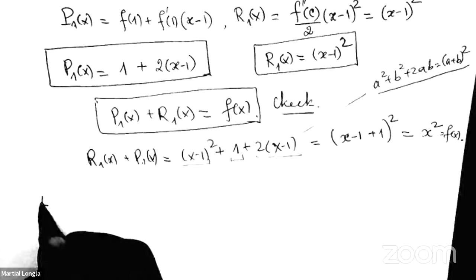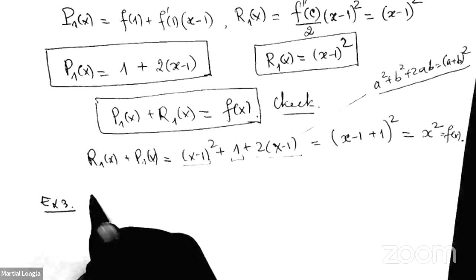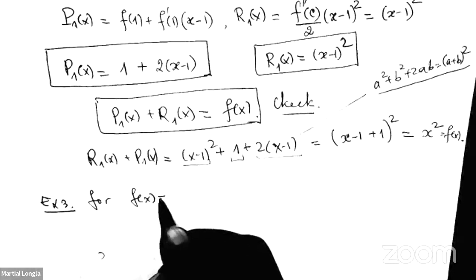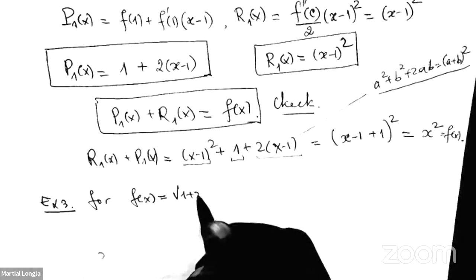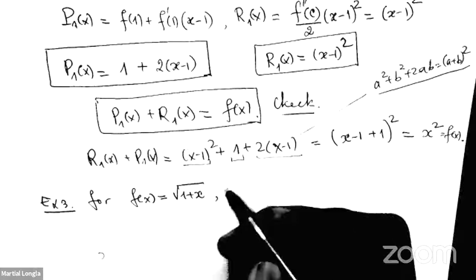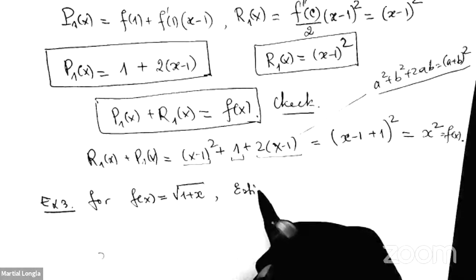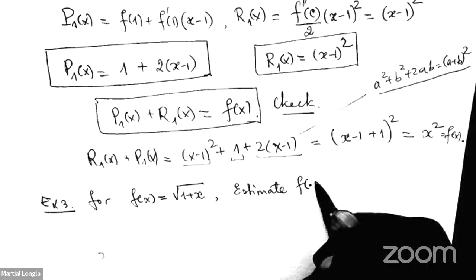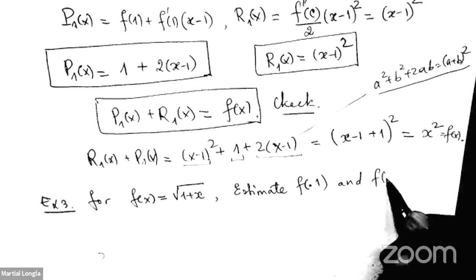Now, example 3. For f of x equals square root of 1 plus x, estimate f of 0.1 and f of 0.4.